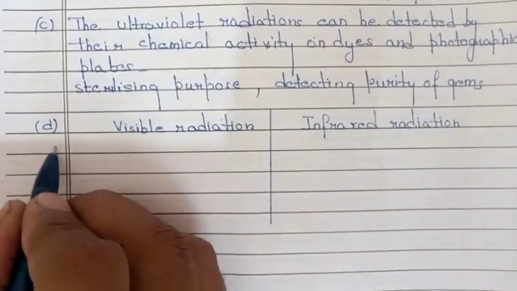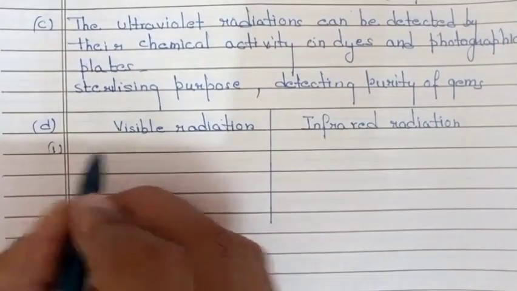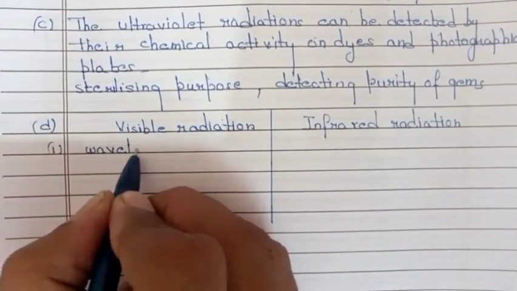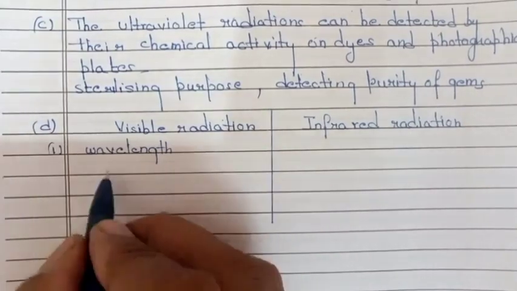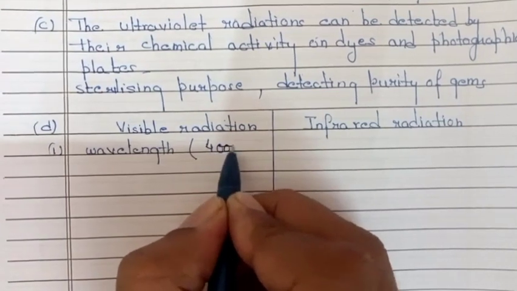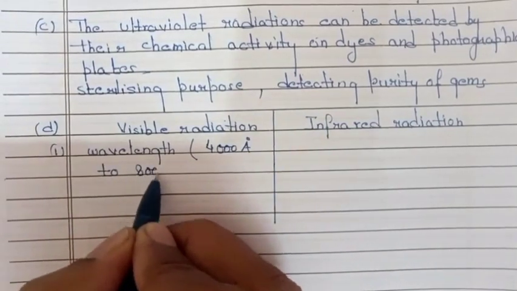So the first difference that we can give is about their wavelength. For visible light, the wavelength range is in the range of 4000 Armstrong to 8000 Armstrong.